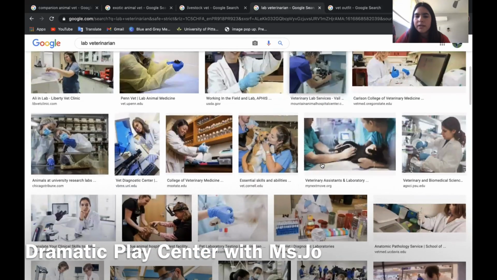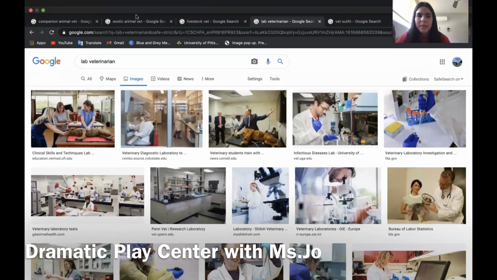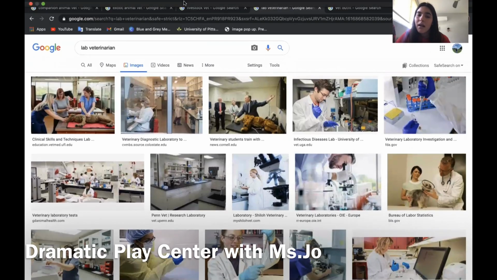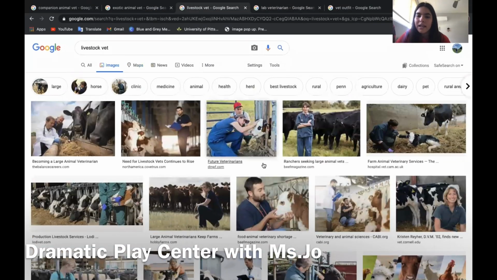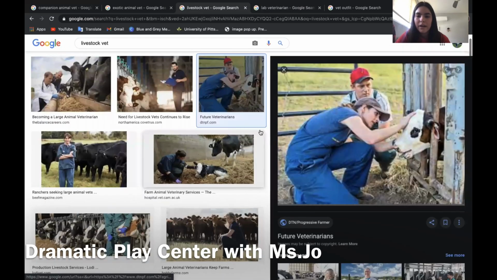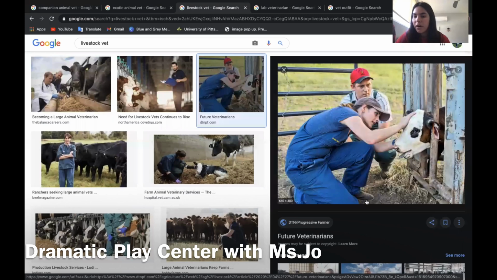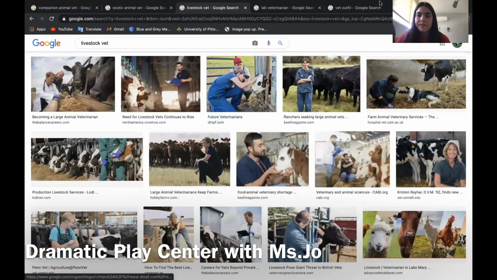They're okay with just the lab coat because they spend most of the time in the lab. The livestock vet, I would say they need a different kind of outfit because they're out and about, and farms usually wear boots and all.